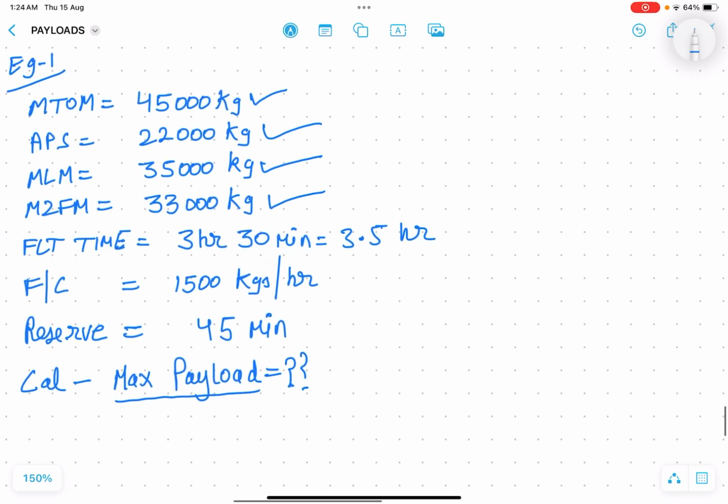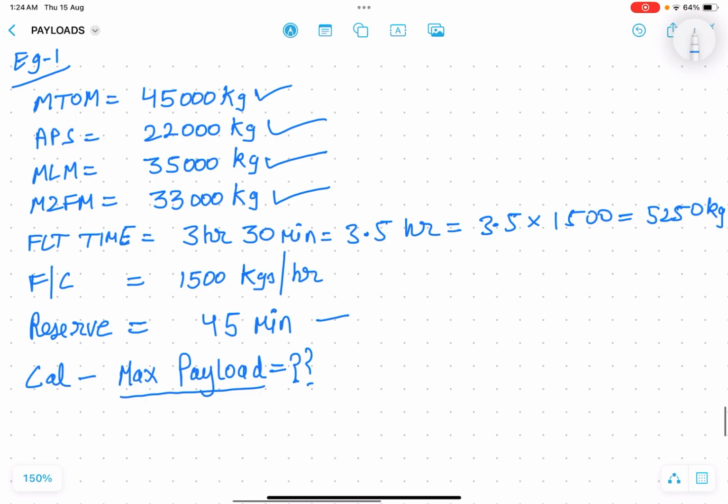So let us first calculate the fuel on board. We will start with trip fuel. The flight time is 3.5 hours. If we multiply 3.5 hours with the fuel consumption, we will get the total fuel for the flight. It will be trip fuel or burn of fuel. So 3.5 into 1500 becomes 5250 kilograms.